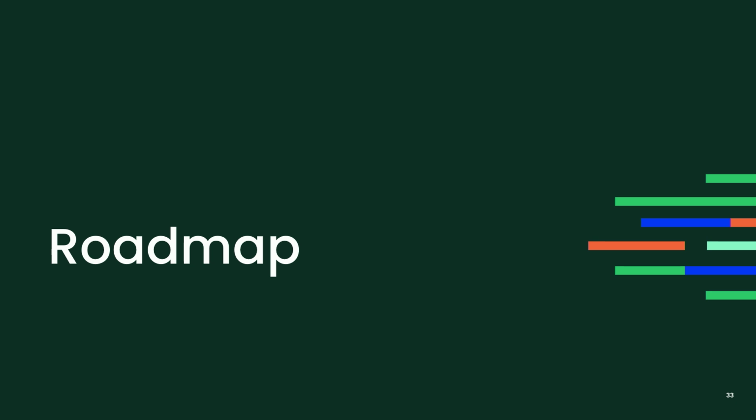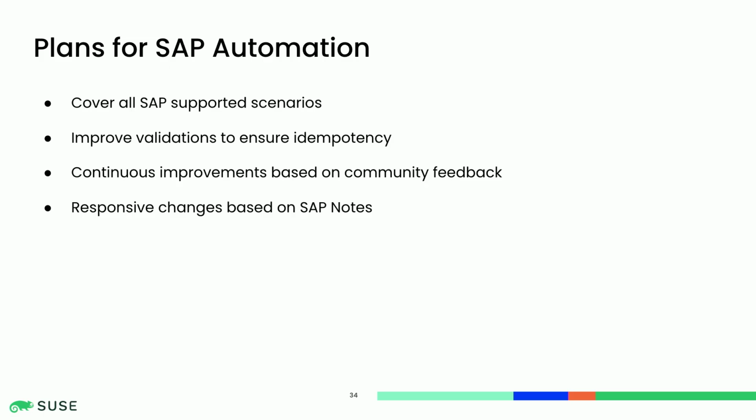In terms of the roadmap, we are working to ensure that we are covering all the supported scenarios. For example, recently we added SAP HANA SR NG, which is the resource agent for HANA. I'm adding a lot of extra scenarios for HA clustering that were not there. We are adding support for new parameters that were missing, new certified parameters for clusters, for example.